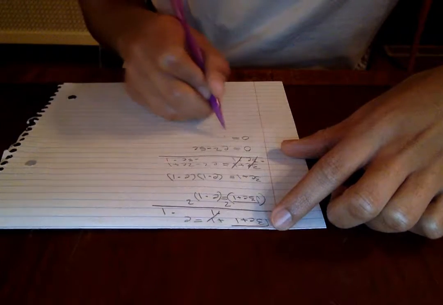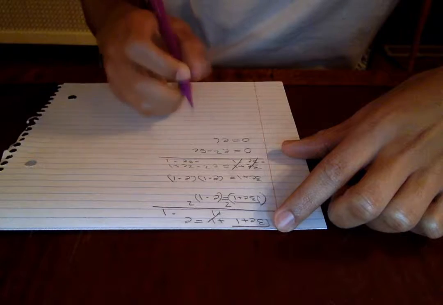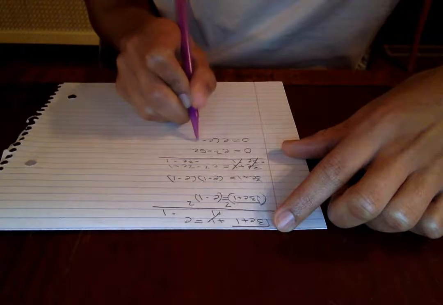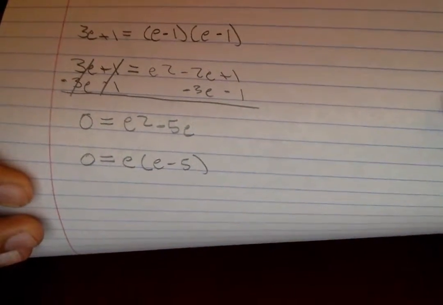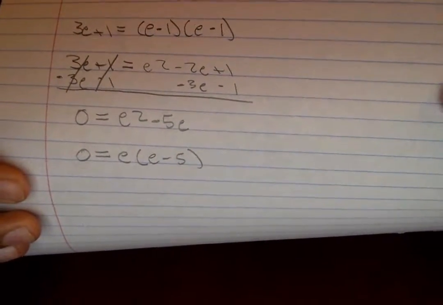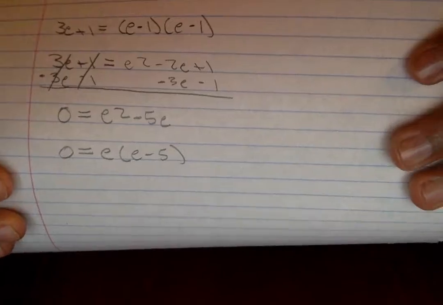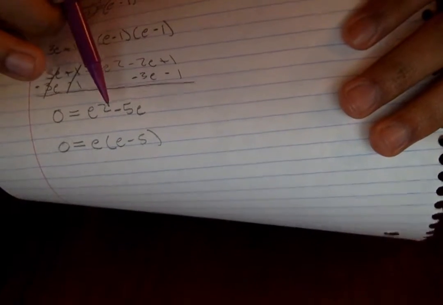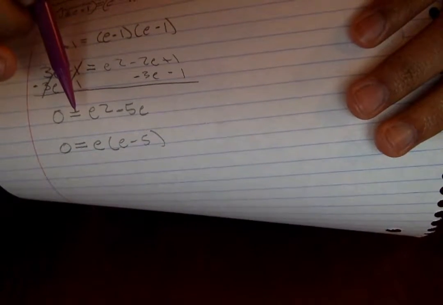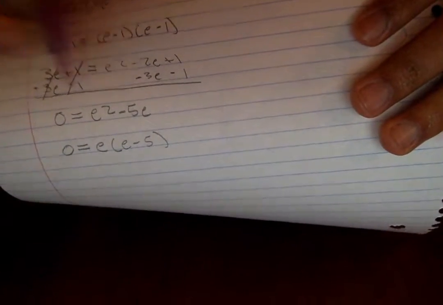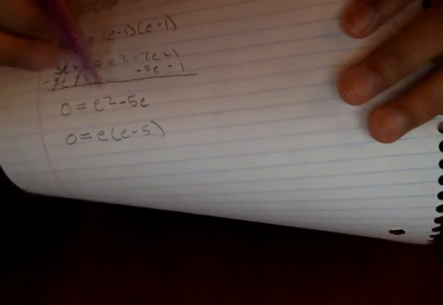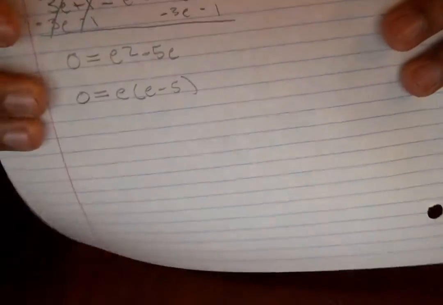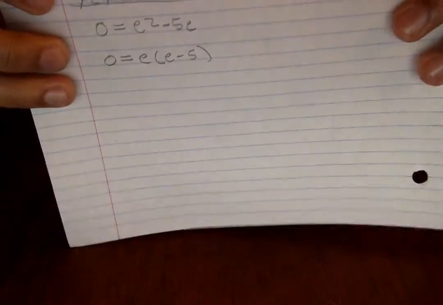So you take out e, and what's inside the parentheses is e minus 5. The reason it's e minus 5 is because e times e gives you e squared, and e times negative 5 gives you negative 5e. So you're doing the right thing if you're factoring it out this way.